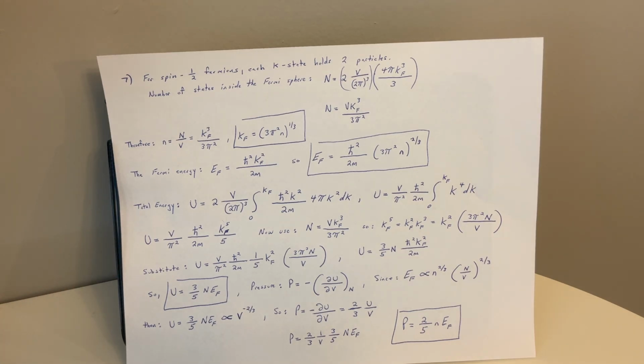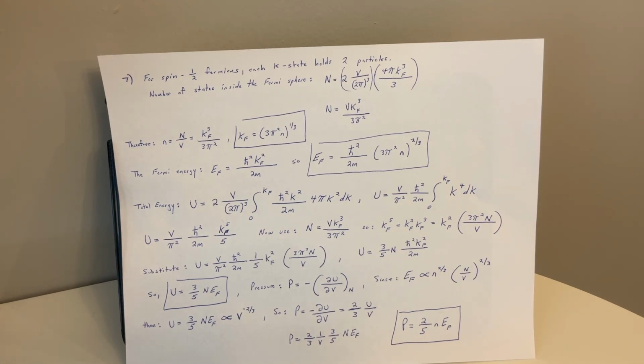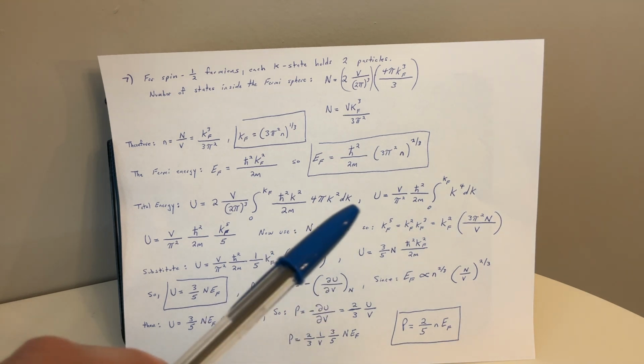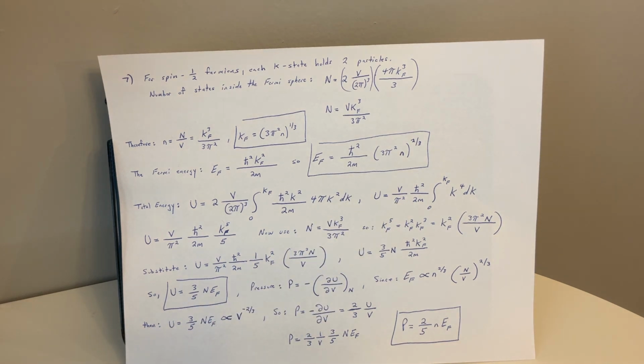U is now 2 times V over (2 pi) cubed, and then we have the integral from 0 to k_F of h bar squared k squared over 2m times 4 pi k squared dk. Then U equals V over pi squared times h bar squared over 2m, times the integral from 0 to k_F of k to the fourth dk.